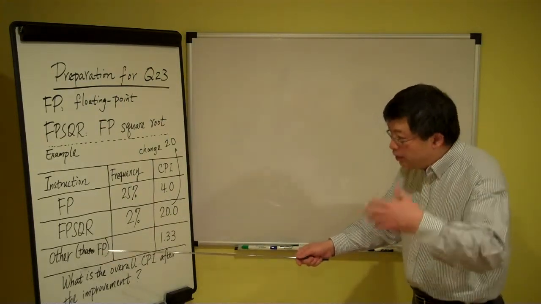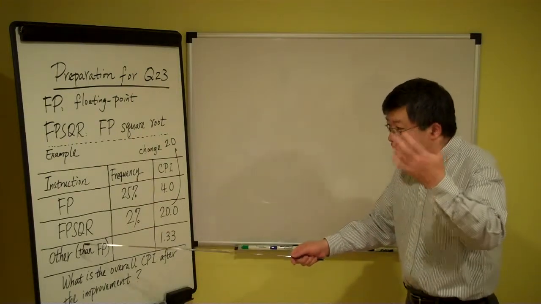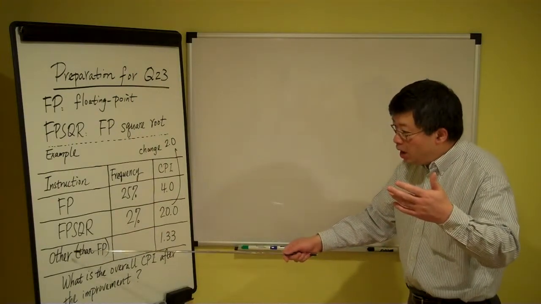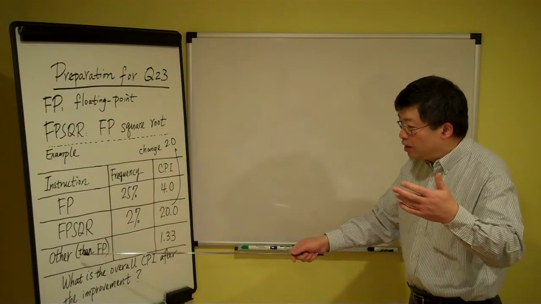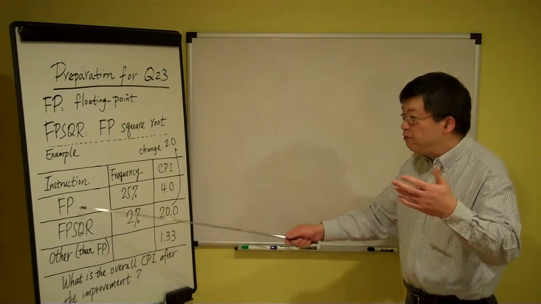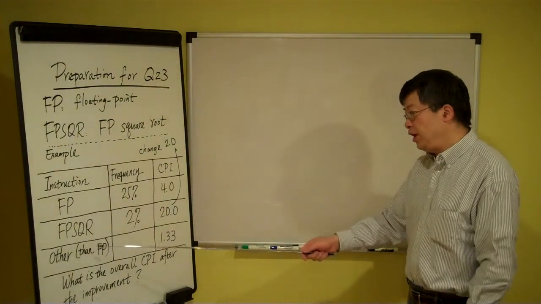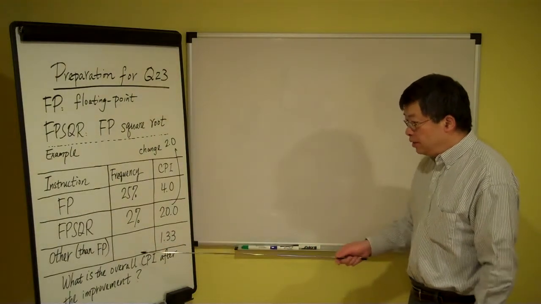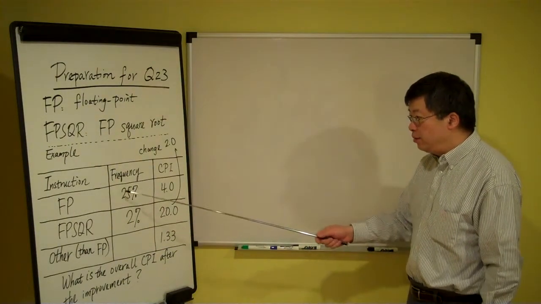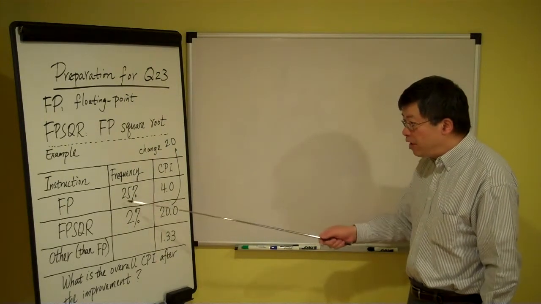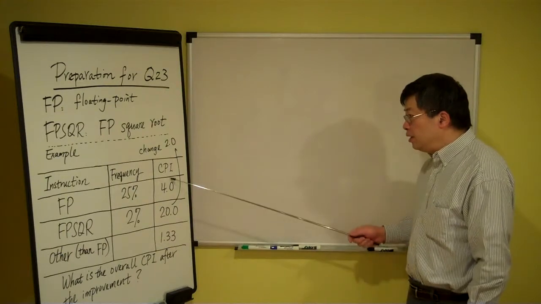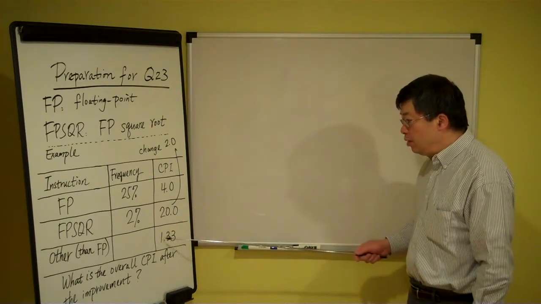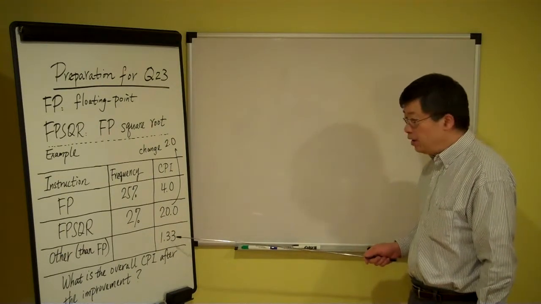So what's the meaning of other operations? Other than FP, or we can say non-FP operations. The frequency can be found because other than FP, 75%. Its CPI is given as 1.33.